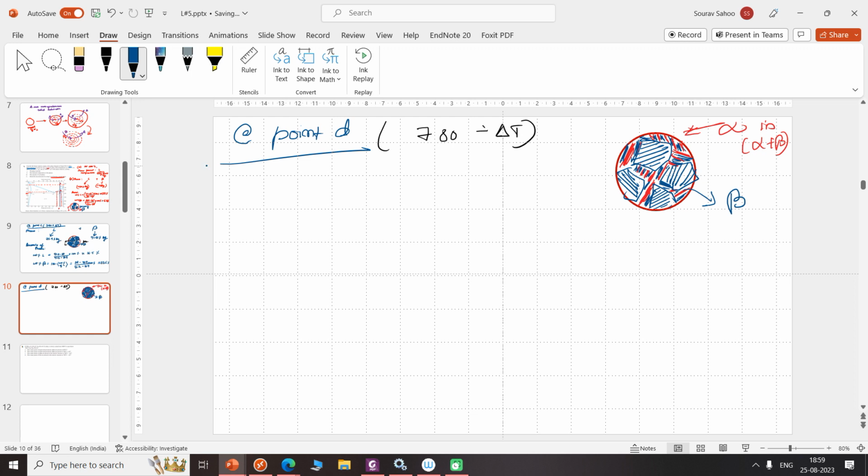This beta we have both in the alpha plus beta as well as this beta is proeutectic beta.